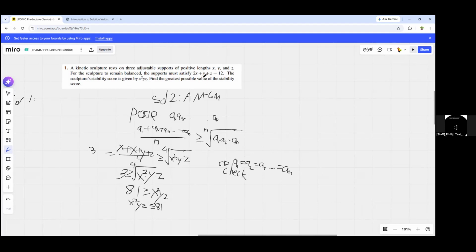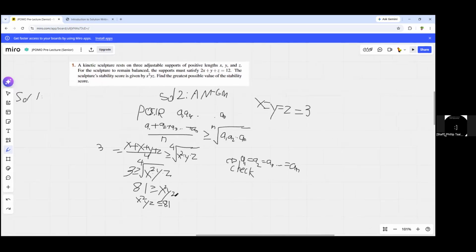So if we set x equal to y equal to z, then we know that all of them are equal to 3, right? Well, this satisfies the first equation, which is 2 times 3 plus 3 plus 3, which is 12. And also, this is the equality case for our inequality, because 3 squared times 3 times 3 is equal to 3 to the 4th, which is 81.